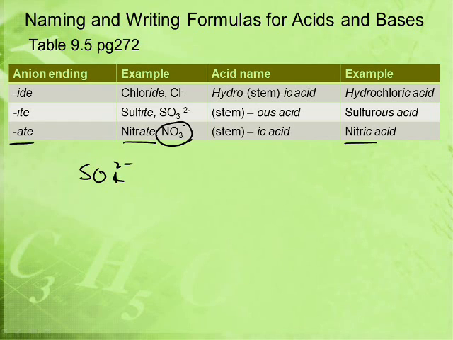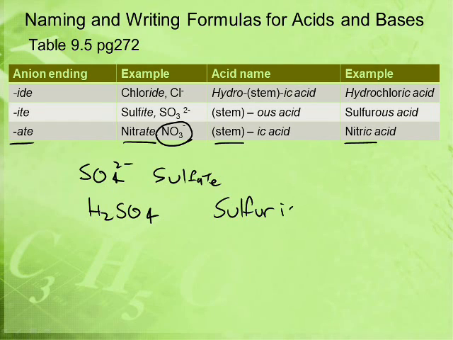SO4 2 minus is sulfate. But if it's an acid, if we have an H in front of it, H2SO4, we're going to use the stem of sulfuric acid. So this is sulfuric acid, H2SO4.